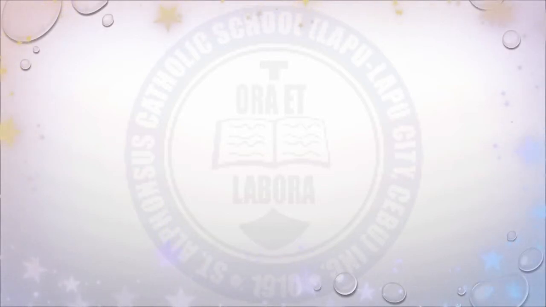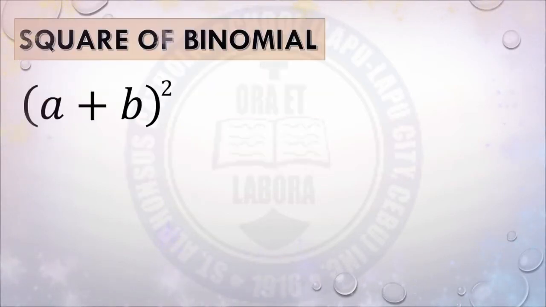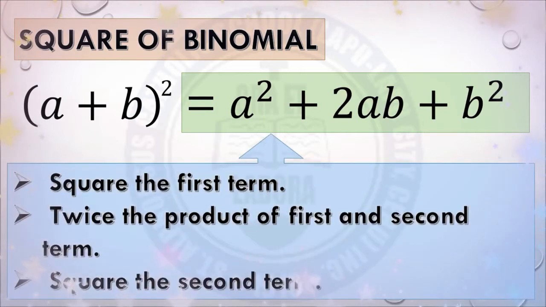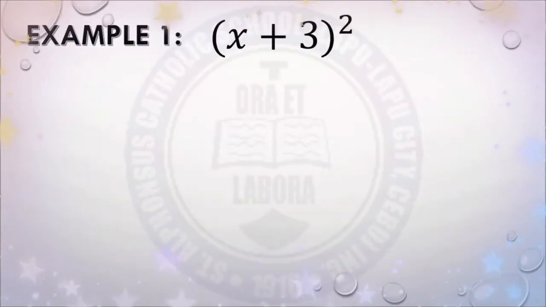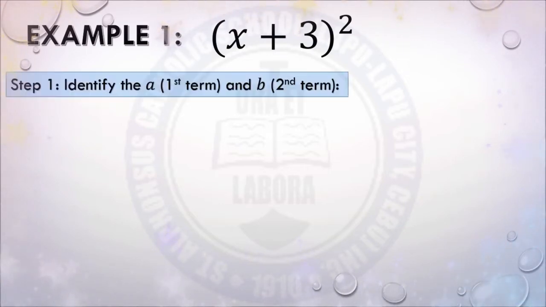In words, the pattern states: square the first term, twice the product of the first and second term, and square the second term. Now, let's put this in an example. Example number 1. (x plus 3) squared. Step 1.